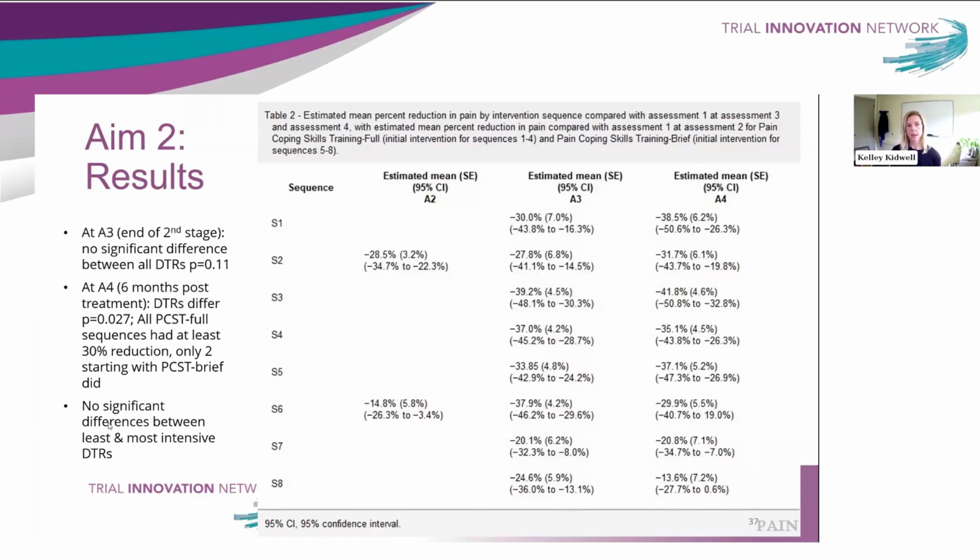They did compare the most intensive versus the least intensive using some Wald tests, and they found that there are no significant differences between these dynamic treatment regimens. When I say significant, I mean clinically significant and also statistically significant.